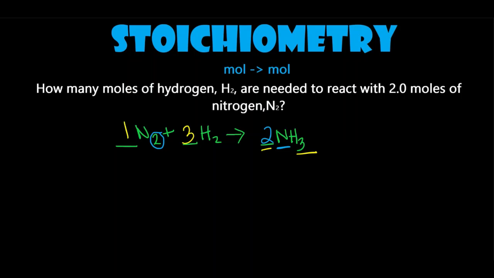Looking at the problem, we want to figure out how many moles of H2 are needed to react with our given, which is 2 moles of N2. So starting off the problem with our given, which will be 2 moles of N2 over 1.